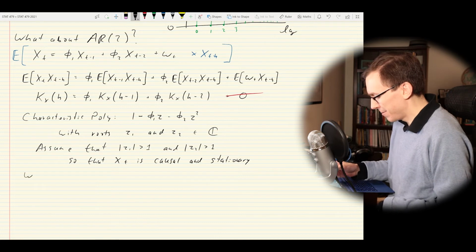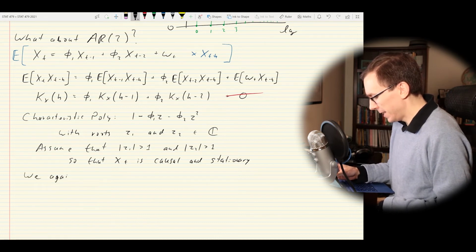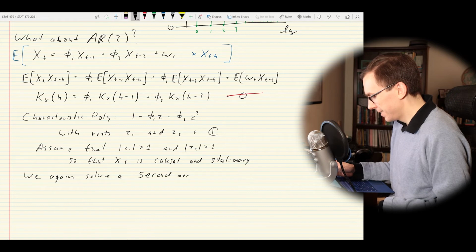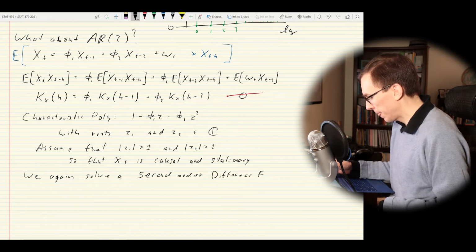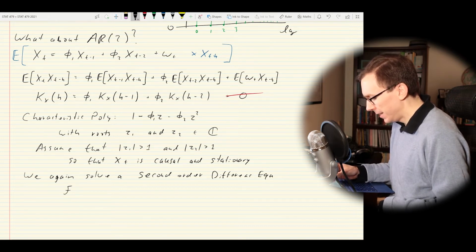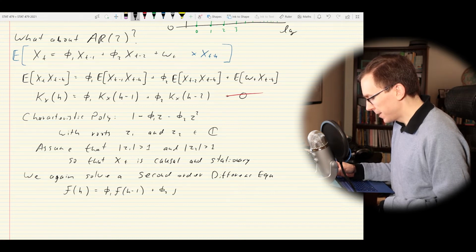So again, we solve a now second order difference equation. It's going to look exactly like what I wrote above, but we can just replace the k's with f's to get something that's going to look like this: f h minus 1 plus phi 2 f h minus 2.